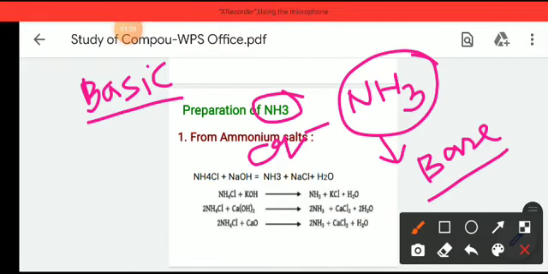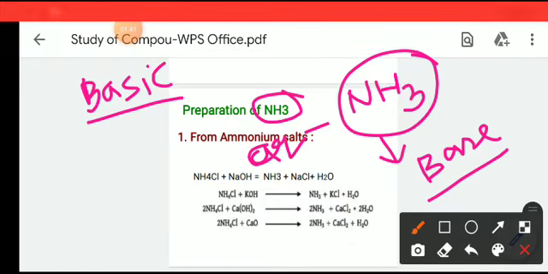In the previous classes, we have already seen that the aqueous solution of HCl acts as an acid. Similarly, the aqueous solution of NH3, that is aqueous ammonia, acts as a base, whereas gaseous NH3 has a basic character.